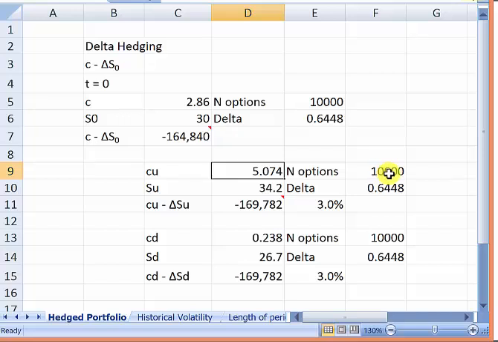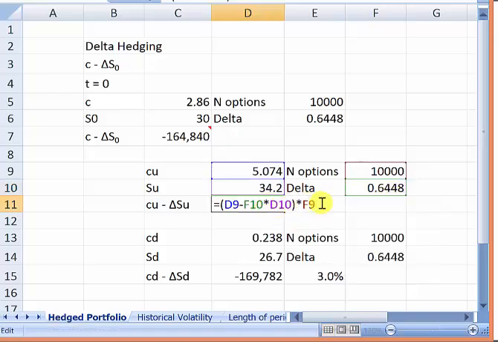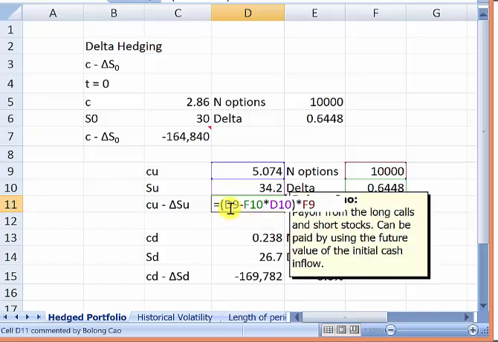And still we have this 10,000 in the long call, covered by underlying shares, and we have shorted 6,448 shares of the underlying. And look at this net position.